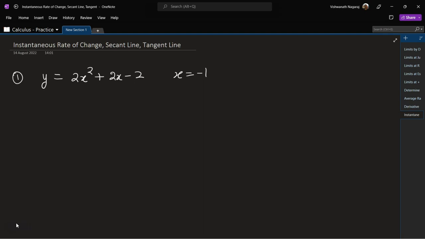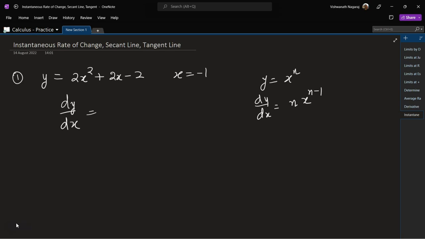Okay, so remember, for instantaneous rate of change we need to figure out the derivative dy by dx, and we use the rule that if y is equal to x to the power of n, then dy by dx is equal to nx to the n minus 1, right?